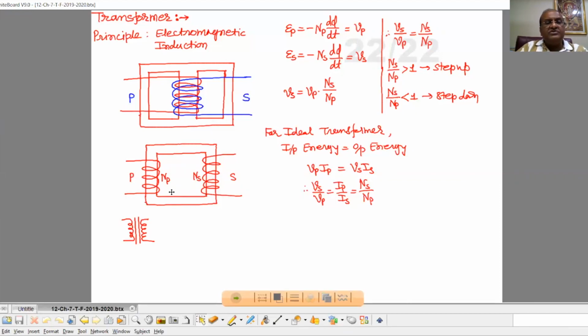Now suppose the number of turns in the primary coil is NP, and the number of turns in the secondary coil is NS.